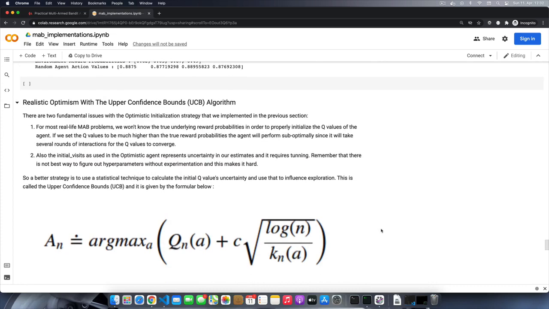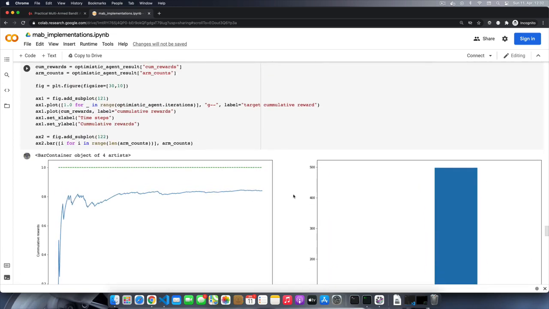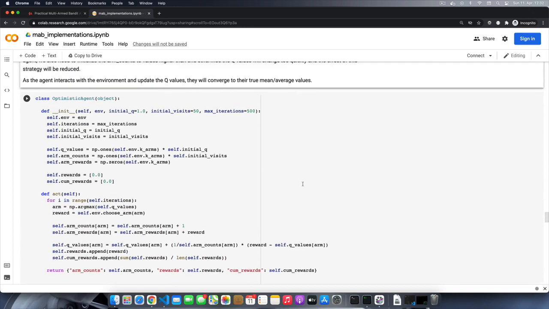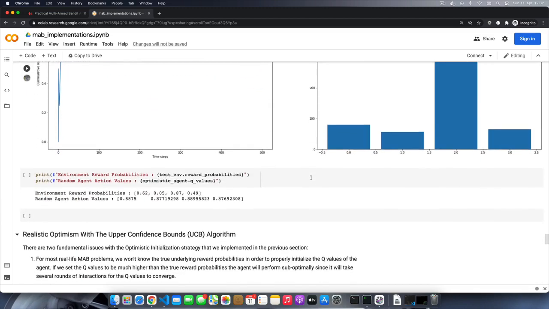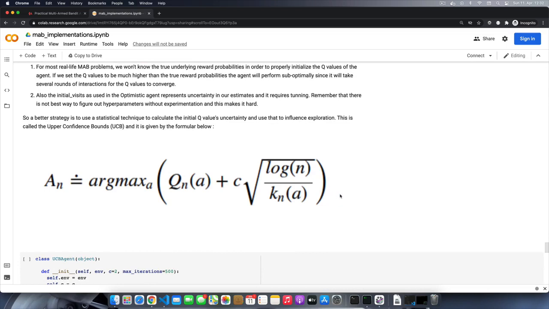And we also go ahead to learn about realistic optimism with upper confidence bounds. So upper confidence bounds is similar to softmax exploration, and the difference is that with softmax exploration, the agent just starts off being optimistic. It behaves as though it is in heaven and everything is right. But the UCB agent is basically an agent that wants to be realistic about its optimism and how it explores.